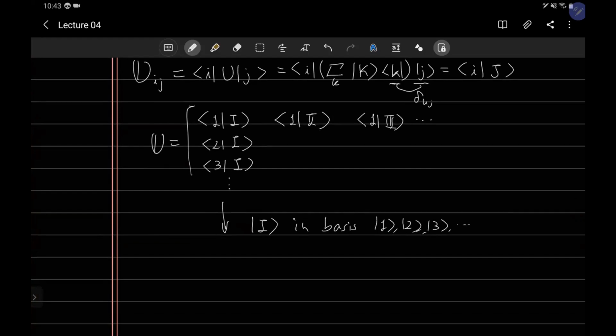So we can say that this basis transformation matrix is composed of columns, and each column is the vector component of the new basis vector in terms of the old basis.